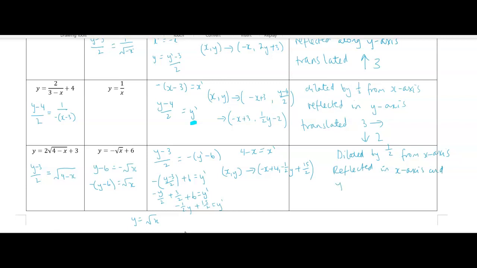And I have explained that, I think, in a previous video, how you can have both. And then we've got a translation. So we've translated 4 units in the positive direction of the x-axis. So we've gone to the right 4, and we've gone up 15 on 2, or if you like, 7.5.